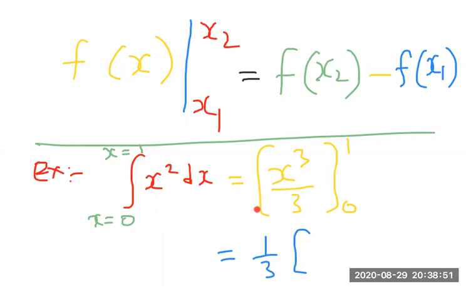First substitute the upper limit, 1 cube, and then the lower limit, 0 cube. So you observe substitution of the upper limit in place of x, then substitution of the lower limit in place of x. I finally got 1 by 3. I hope you understood how to apply limits in integrations.